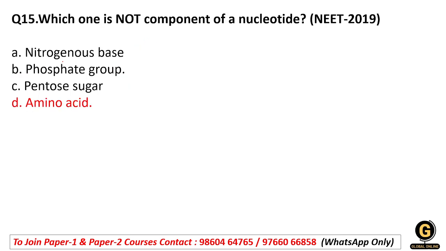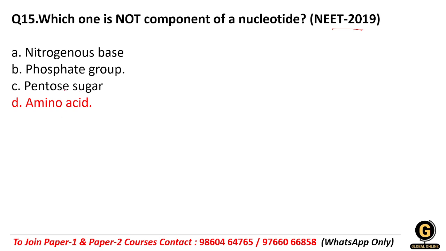Next, which one is not a component of a nucleotide? This question was asked in NEET 2019. Yes, students, and the options are nitrogenous base, phosphate group, pentose sugar and amino acids.